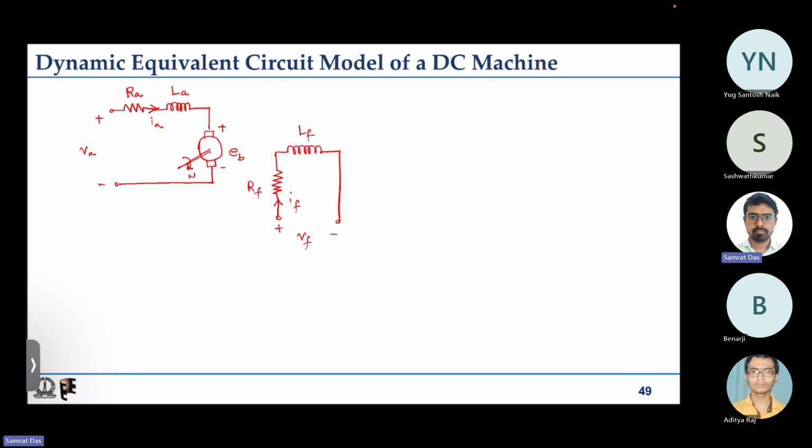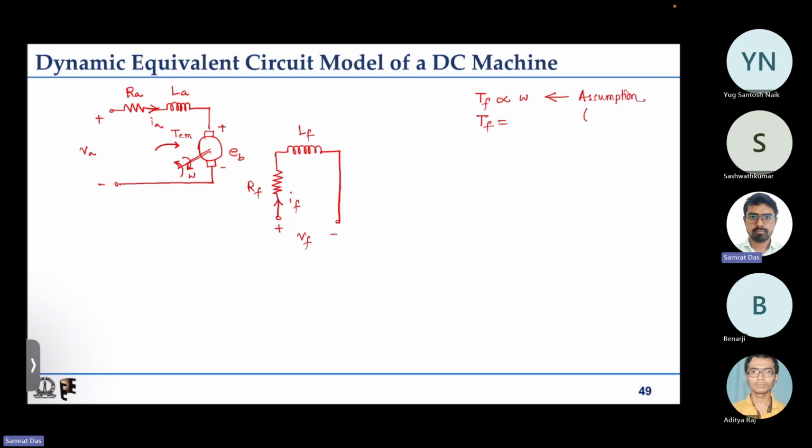Now if it is acting in motoring mode, then the electromagnetic torque will be aiding that rotation, in the same direction, and there will be some friction which will be opposing that, some frictional torque that, for a very simplified case, is proportional to speed. So frictional torque T friction is proportional to omega, and that is an assumption.